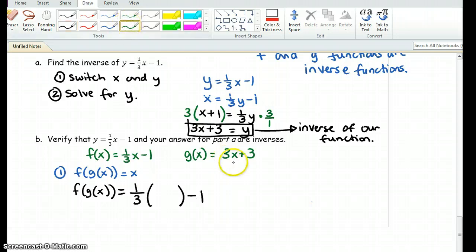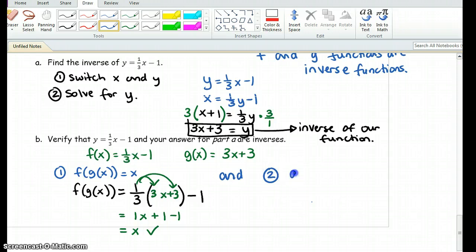And then we're going to input our g function in there, 3x plus 3. So you're putting the g inside of the f. And then you distribute, and we get 1x plus 1 minus 1, and you can see that equals x. Awesome. So the first part is done, but remember it's and.